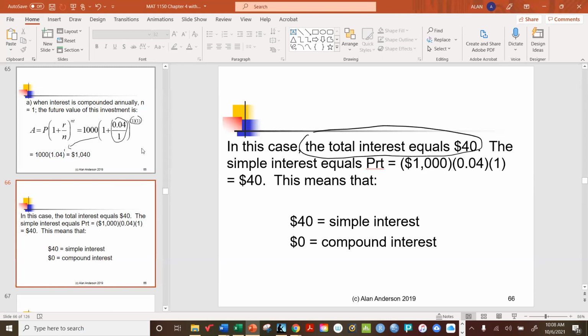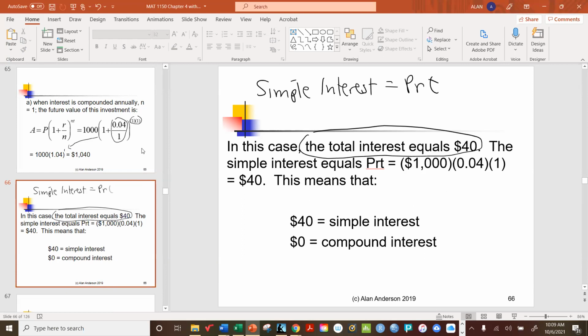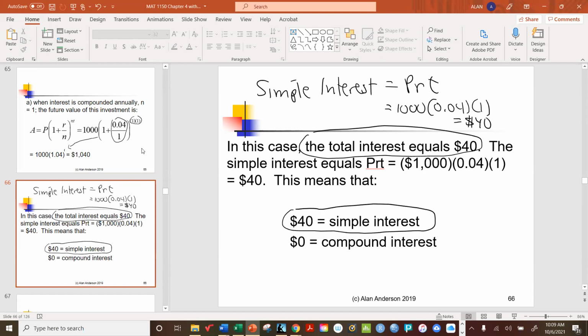The simple interest, remember, is this very basic formula, which is 1,000 times 4% times 1 year, $40. Now, that will never change throughout the rest of this problem. You don't have to keep recalculating it.